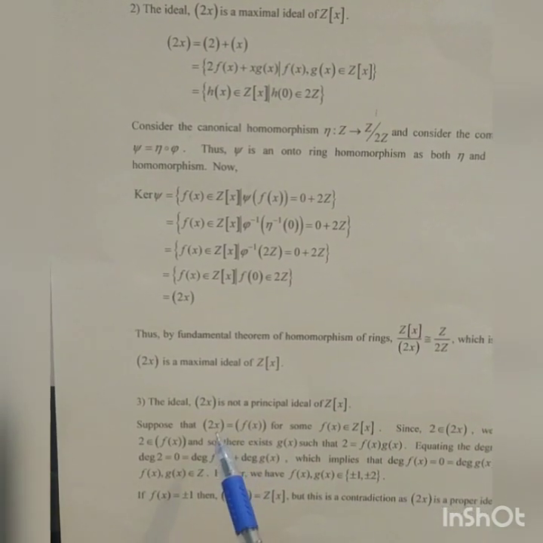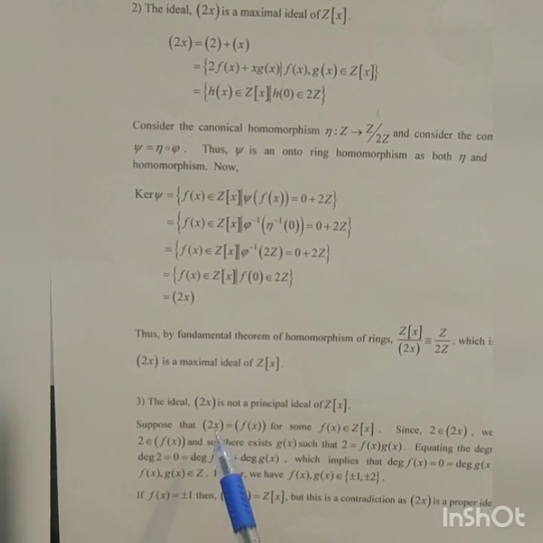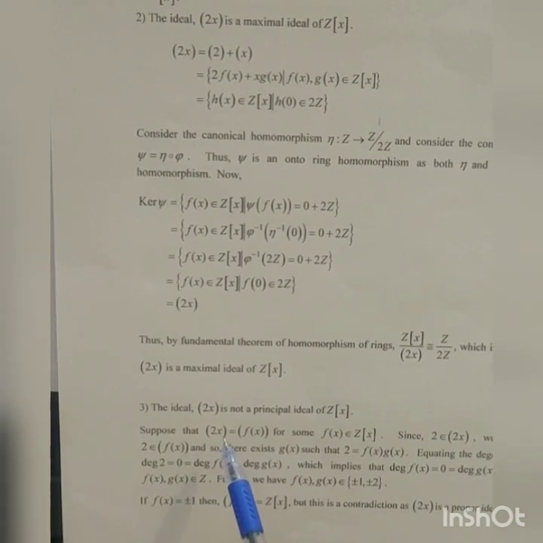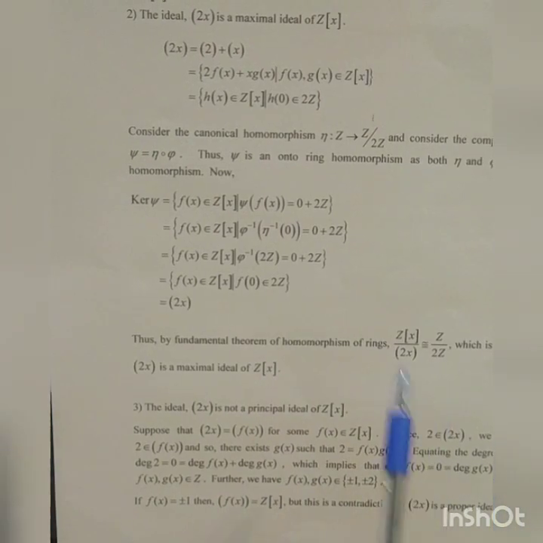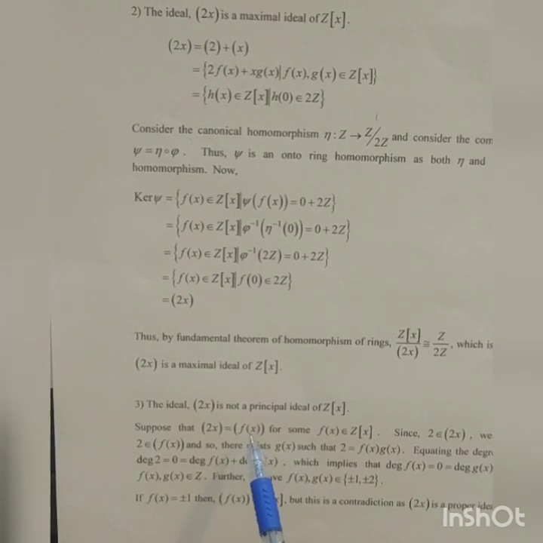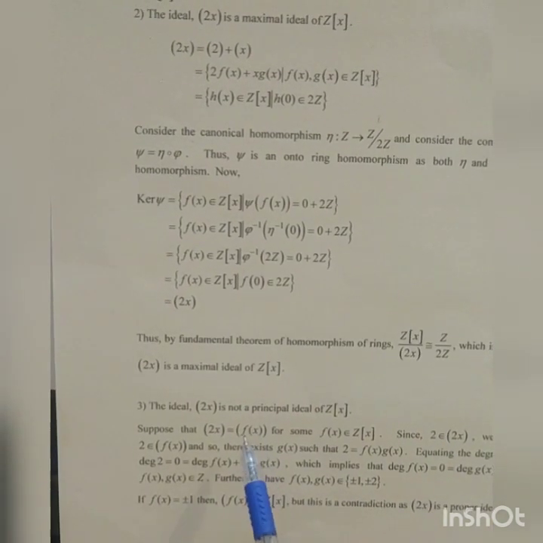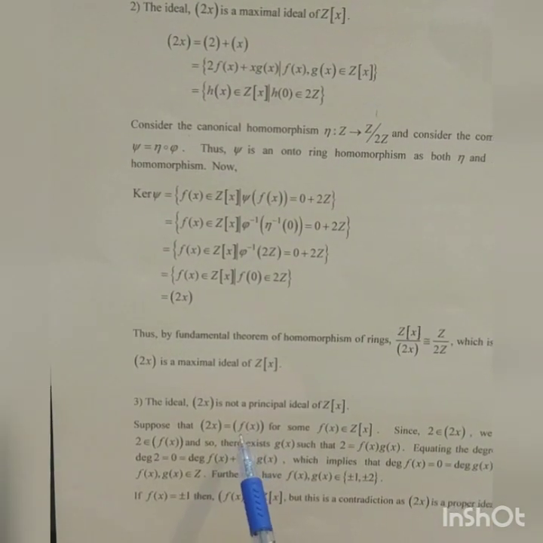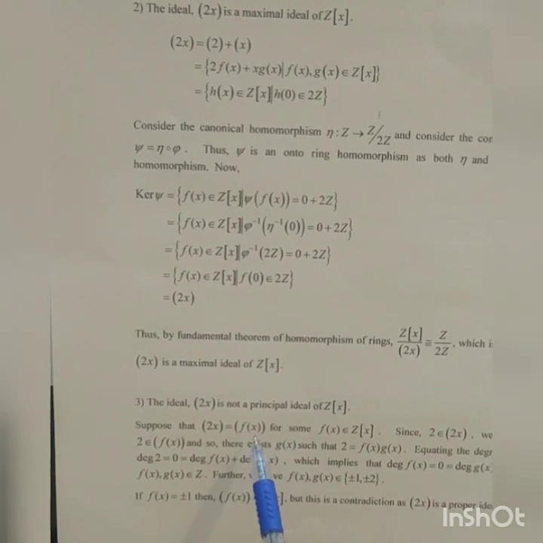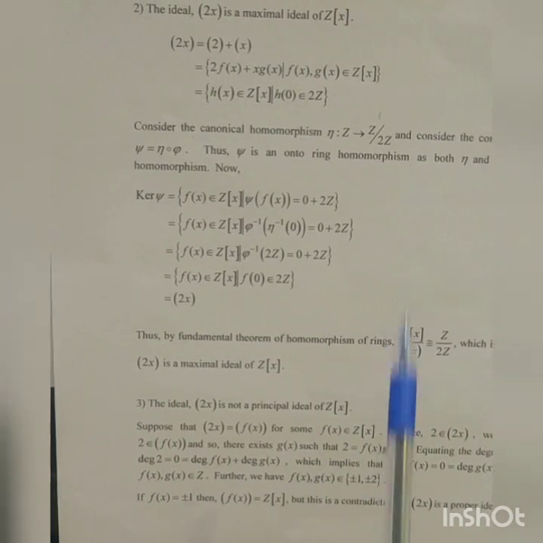We knew that the ideal generated by 2 and x consists of 2. So the ideal generated by 2 and x is equal to the ideal generated by f(x). Therefore, 2 must be in this. But every element of this set must be a multiple of f(x). Therefore, 2 will be equal to f(x) times g(x), where g(x) is some polynomial in Z[x].